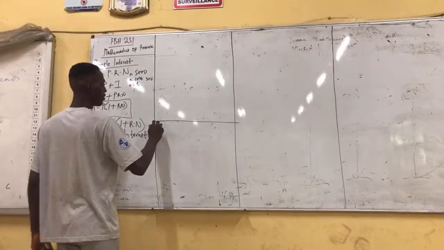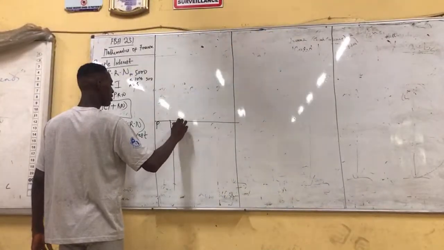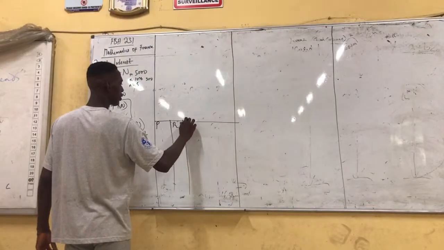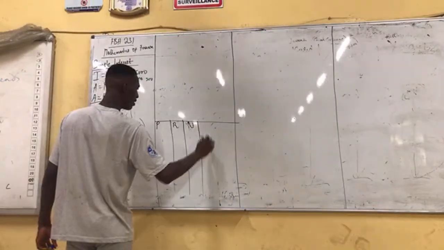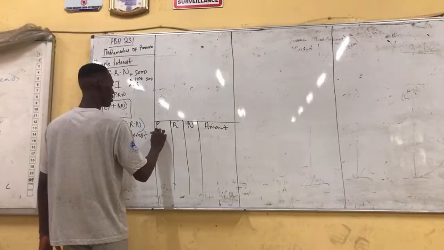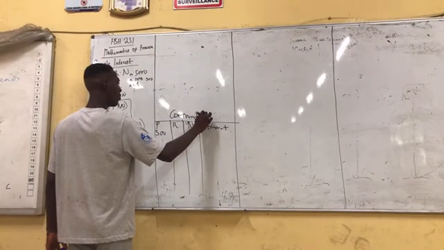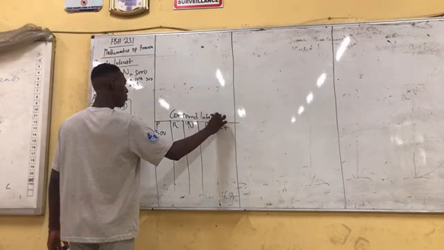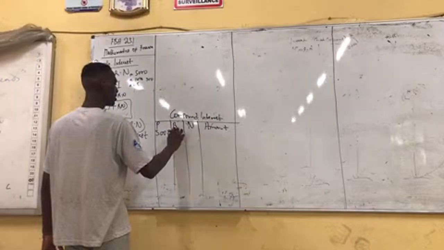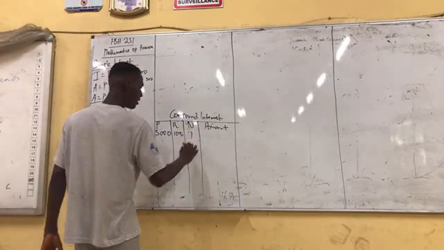Let me first show you. This is the principal. These are our rates. And these are the years. Then these are the amounts. So our principal here is 5,000, for compound interest. Now this is 5,000 times 10% times 1. This is year 1.